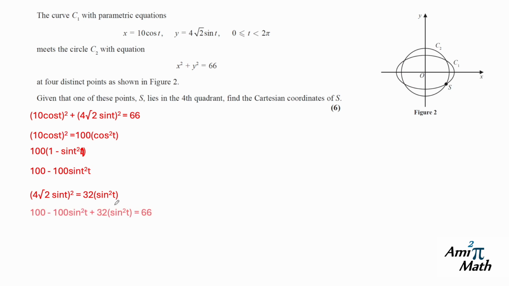Then you just add these: 100 minus 100 sin squared t plus 32 sin squared t equals 66, and then we'll rearrange this. Doing that will get you minus 68 sin squared t equals minus 34, and then sin squared t equals 1/2 as we divide minus 34 by minus 68.